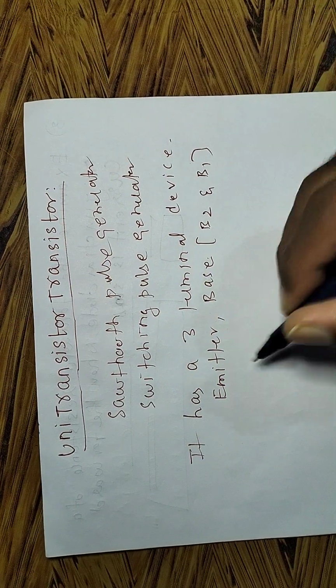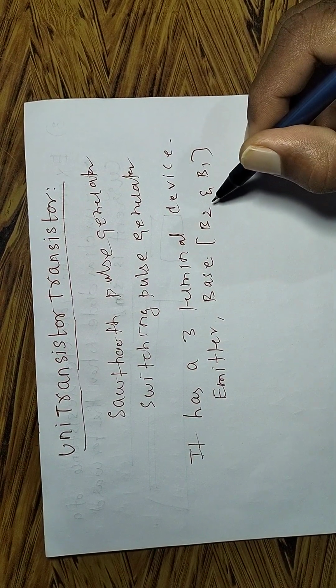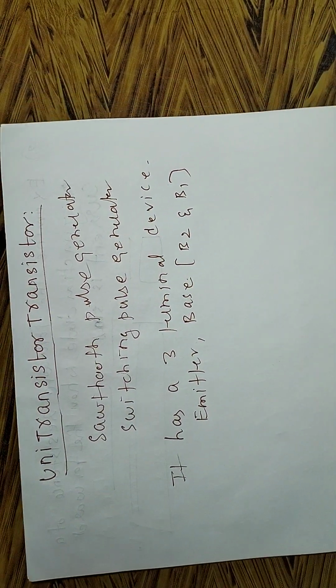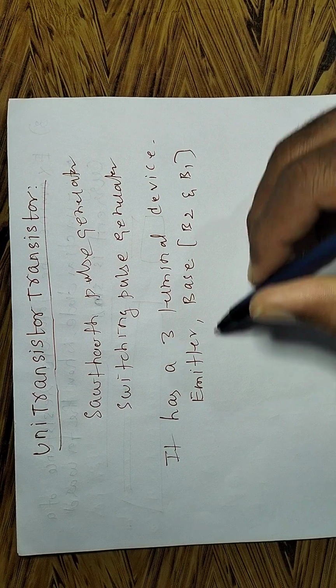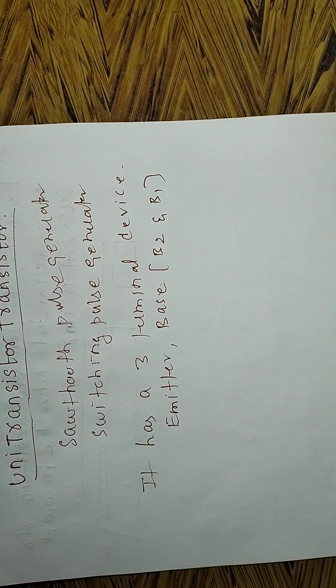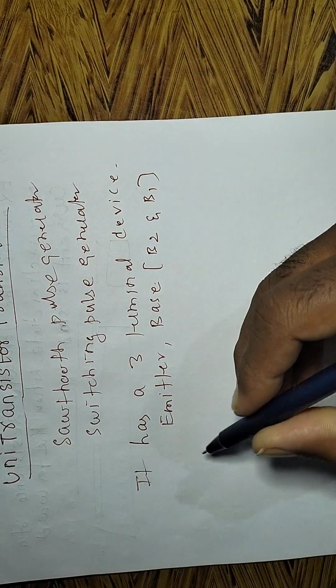Okay, these are the 3 terminals, emitter and base. In the base there will be 2 types, one is base 2 and the other is base 1. So these are the 3 terminals. Now we will draw the structure of the UJT.